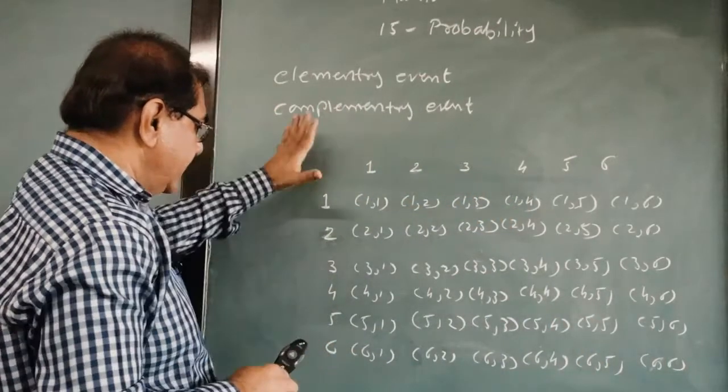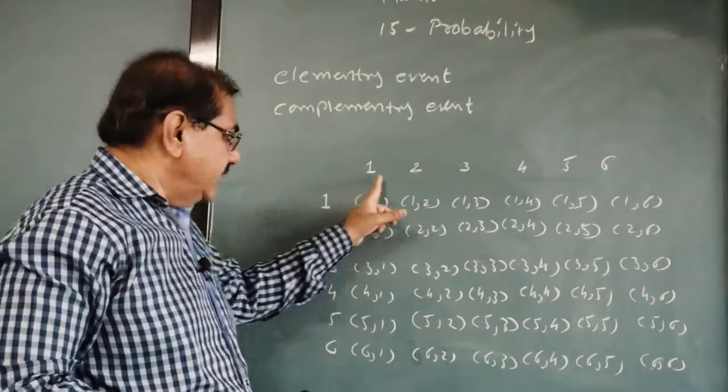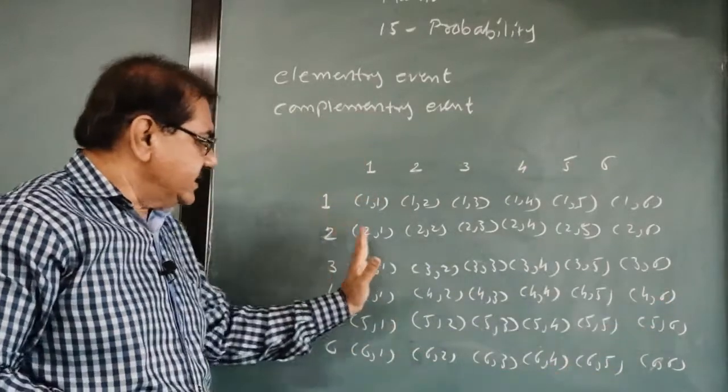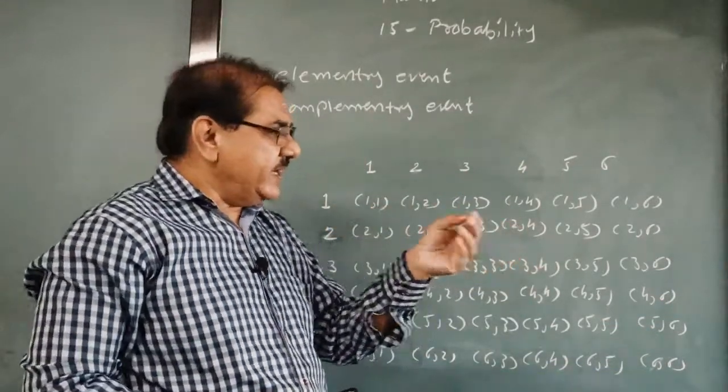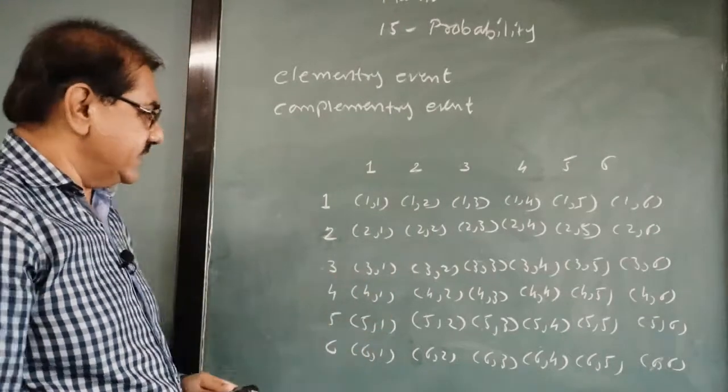So now you can check here, when two dice are thrown simultaneously, the total number of outcomes is 36.